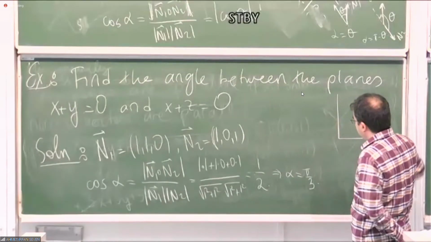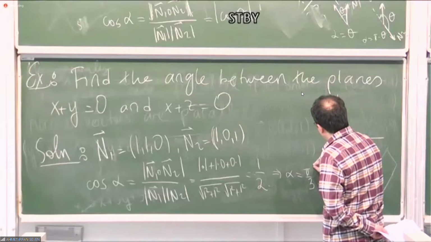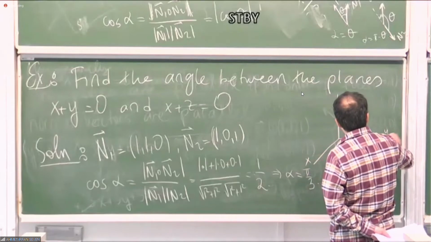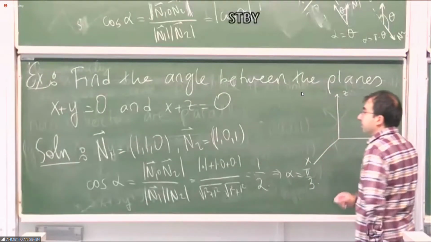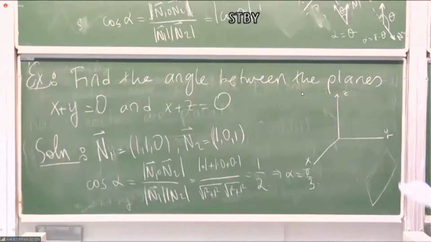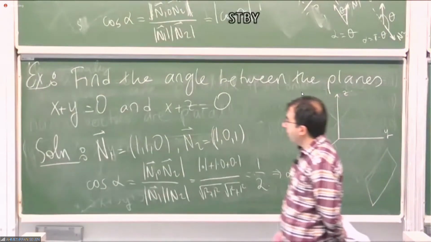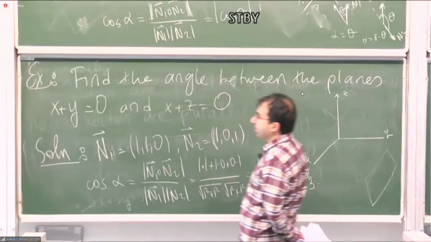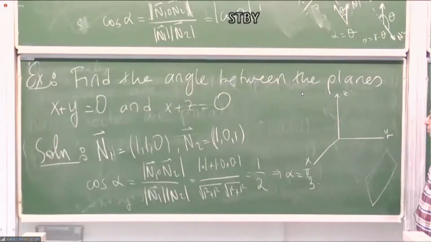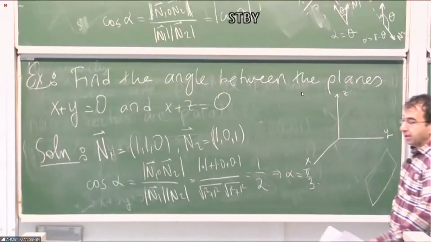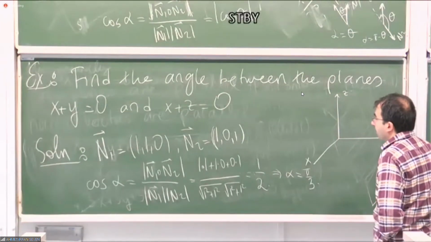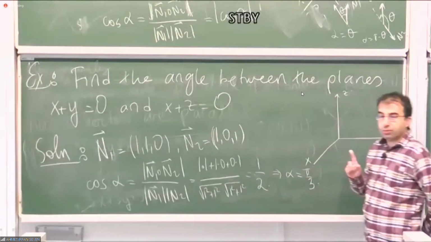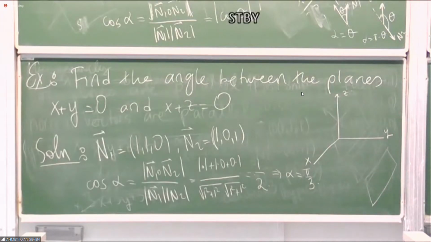Let's draw these planes. X, Y, Z. All right. So the first equation, how do I sketch it? X plus Y equals 0. It would be useful to first look at how they intersect with the XY plane.